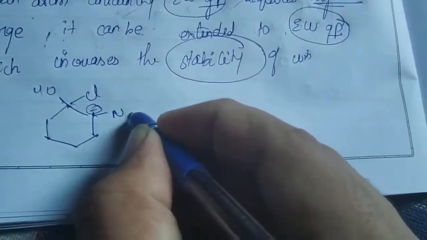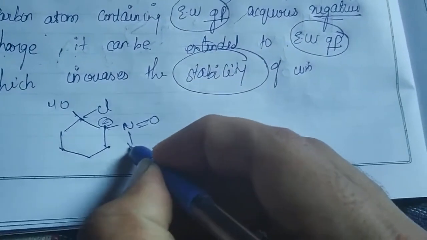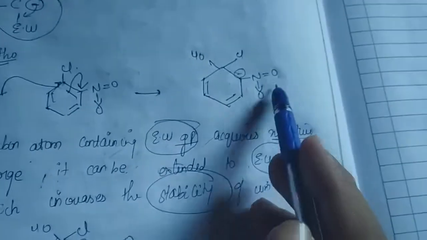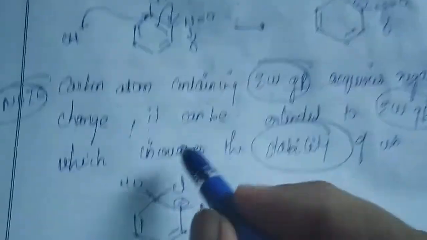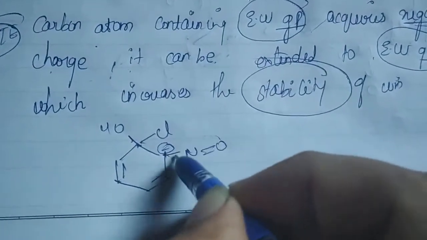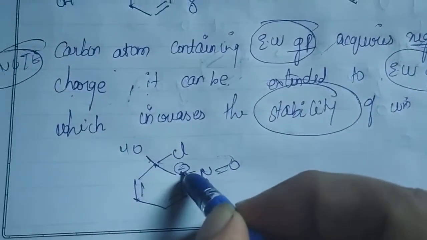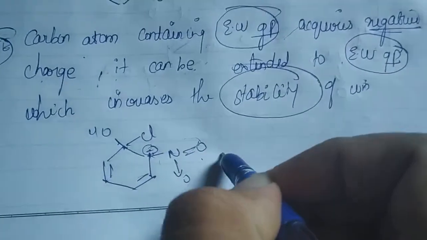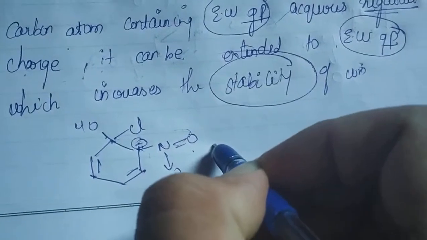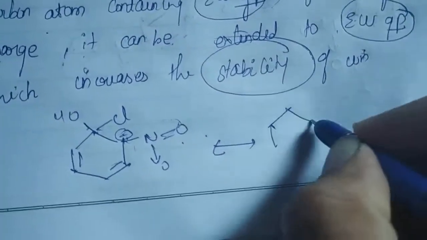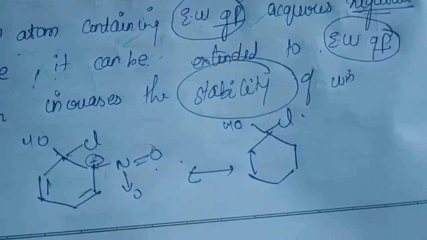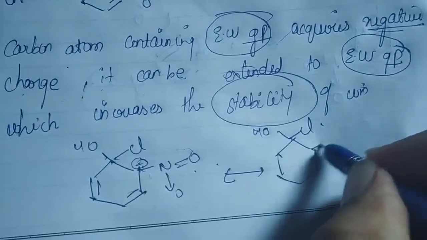Here we have N double bond O, with one pi electron, one pi bond, same as what I have written. Since the carbon atom possessing the electron withdrawing group has a negative charge, it could be given to that electron withdrawing group. By this way, you will get your OH, here your Cl, then your double bond.